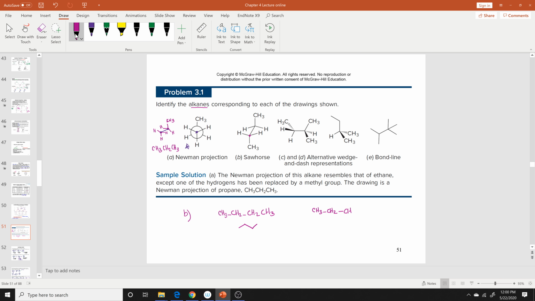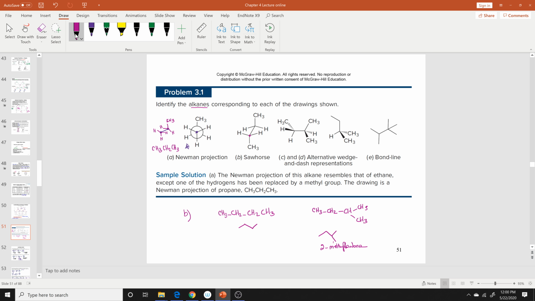On the CH, I have my isopropyl group, with a CH3 and another CH3. So whenever I want to name this, CH3, CH2, CH, and 2 CH3s, that is going to be 2-methylbutane.